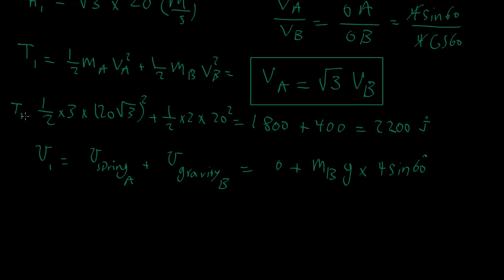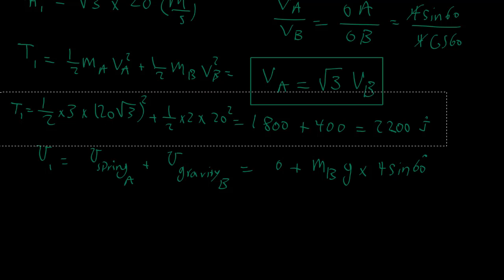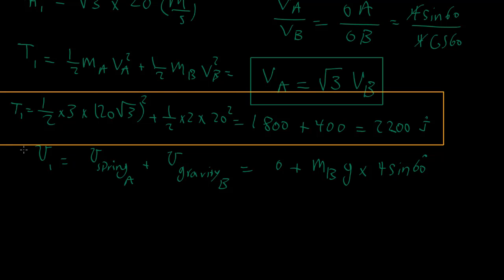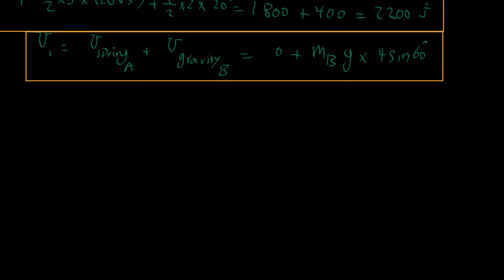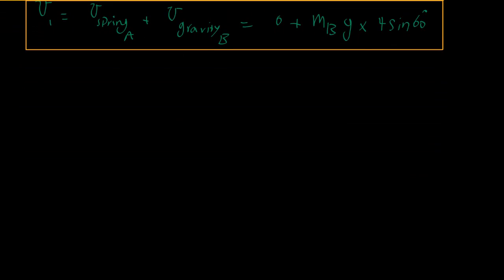So this is T1, and also this is U1. Let me draw a line around this. Okay, for T2 and U2 here. So what is T2?